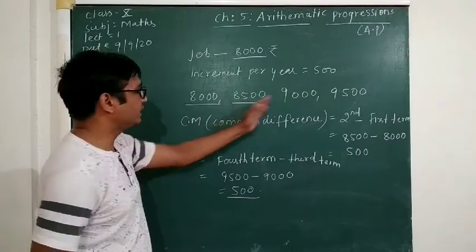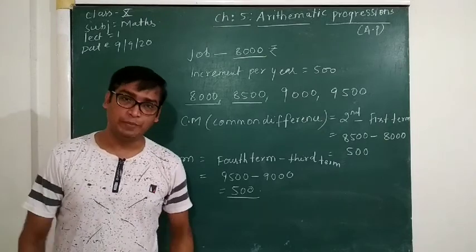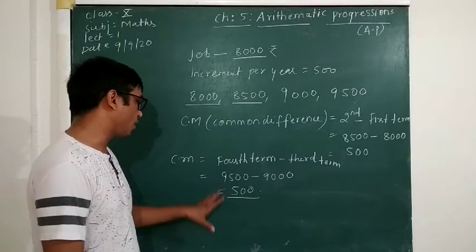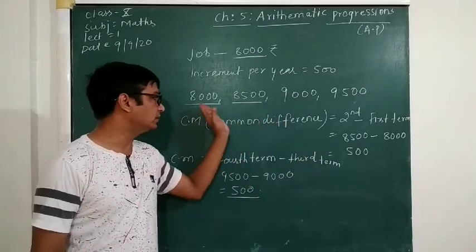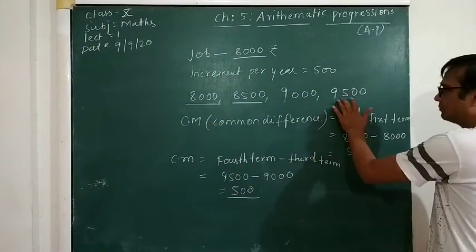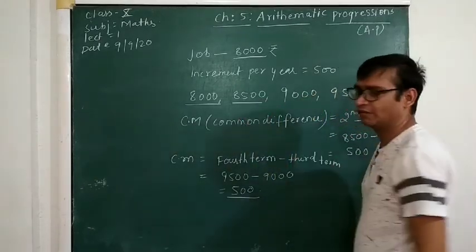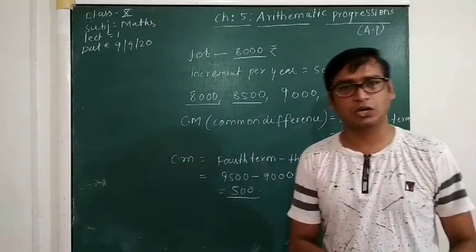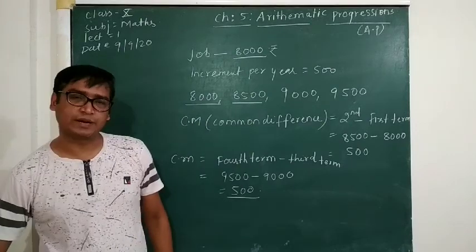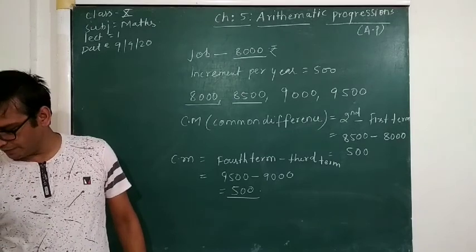So if you find the difference among any of the terms, you will find the common difference is the same. The common difference should be the same among all the data, whether you do the fourth term minus the third term or the third term minus the second term. So for an arithmetic progression, we need a sequence.